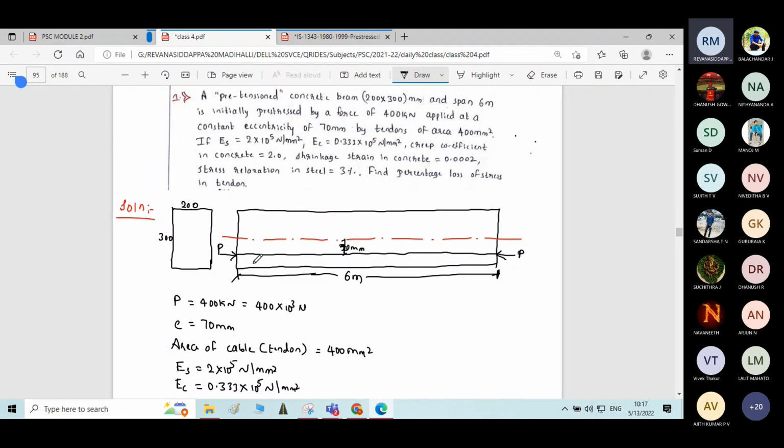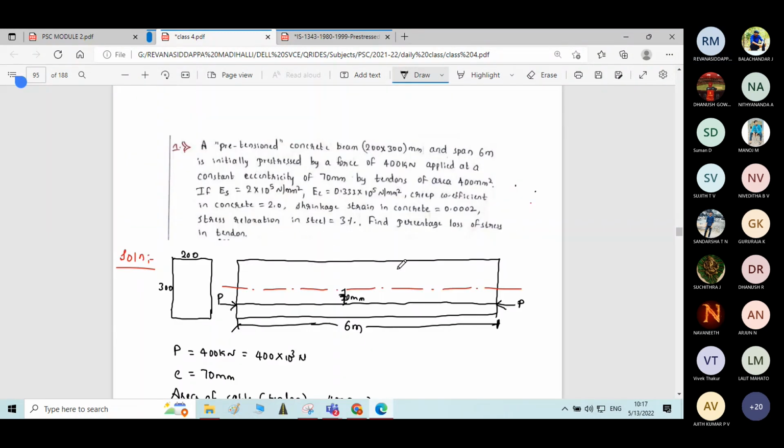Creep coefficient is given as 2. Shrinkage strain in concrete is given as 0.0002.